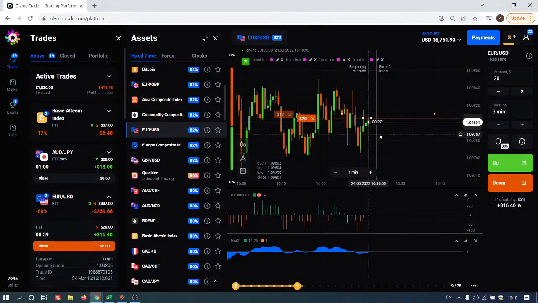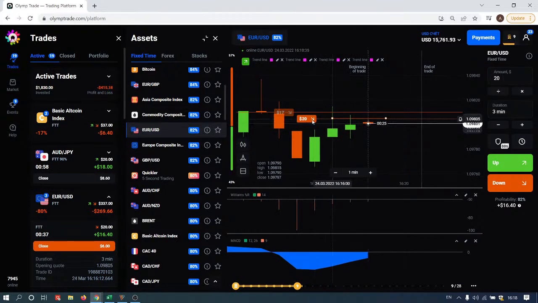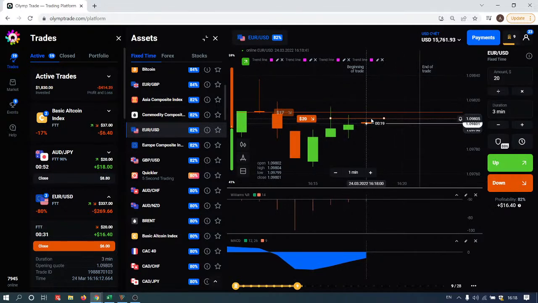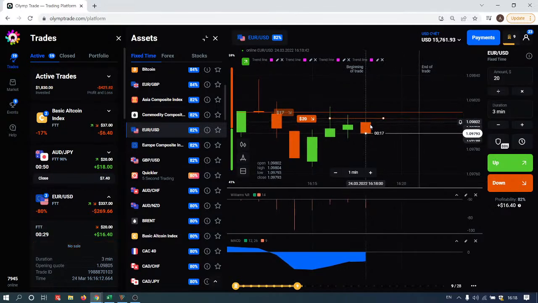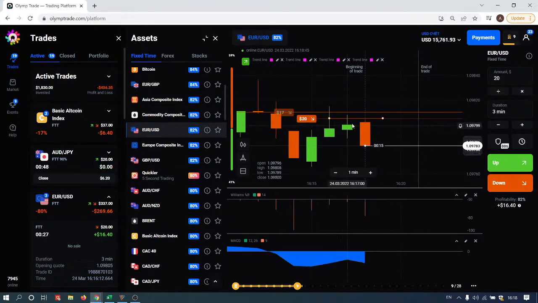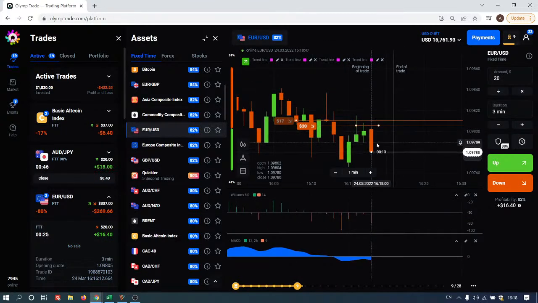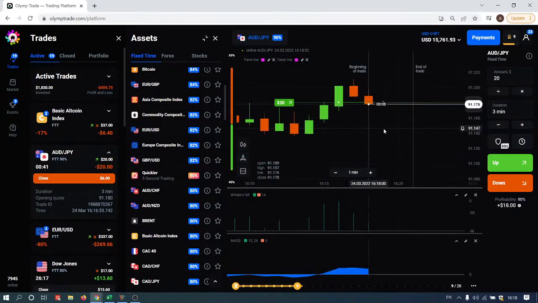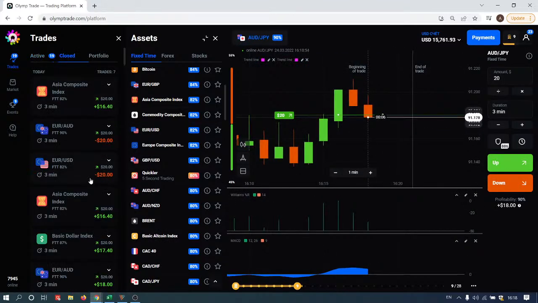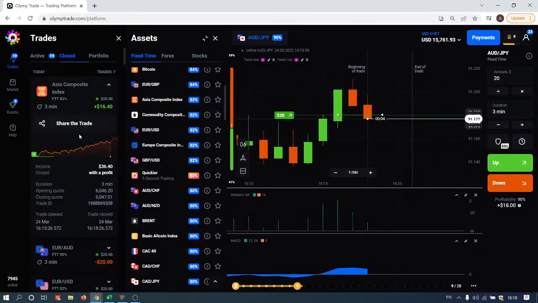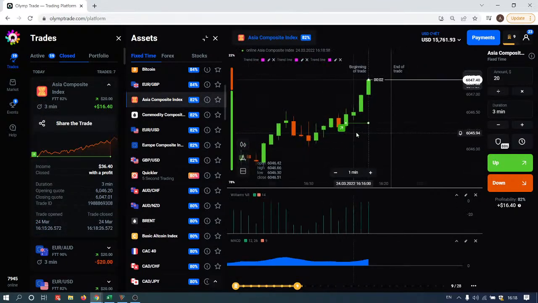The Euro USD, okay, so very close to our opening price. So we will see. Wow, now it's going south. That's what I need. So should be fine. And yes, Asia Composite Index just closed with another profit.